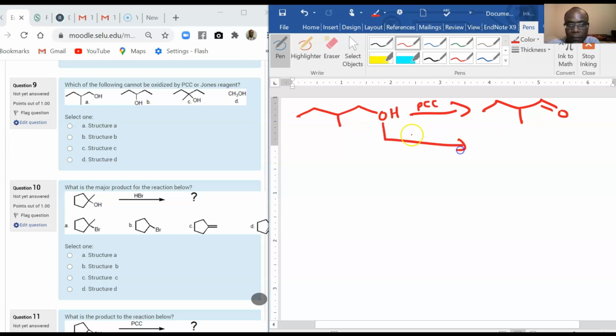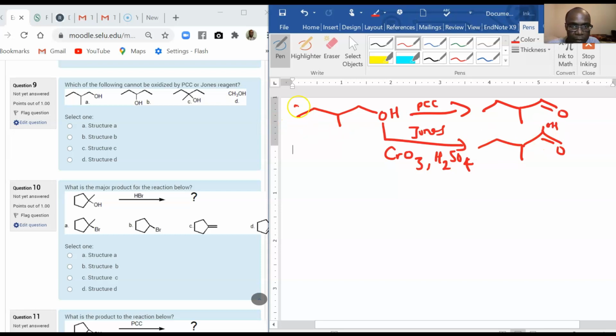The same A can be oxidized by Jones reagent, which, remember, is chromic oxide in presence of sulfuric acid. Let me write it again so you can read. CrO3 in presence of sulfuric acid. That's a strong oxidizing agent. It oxidizes the primary alcohol to an aldehyde, but does not stop there. It goes all the way to the carboxylic acid.